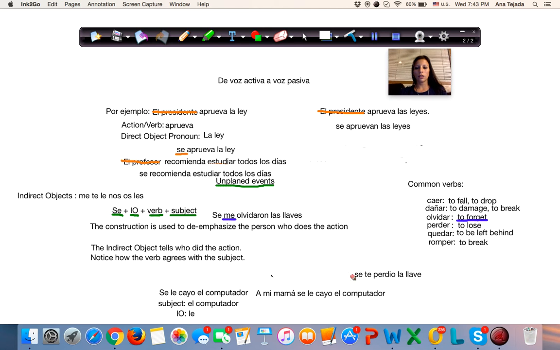Muy bien. Entonces, we have our action, perder, la llave, that agree in number, singular, both. Who did the action? Who lost the key? Muy bien. Tú, because it's te. So you lost the key. Se just makes it something unplanned.